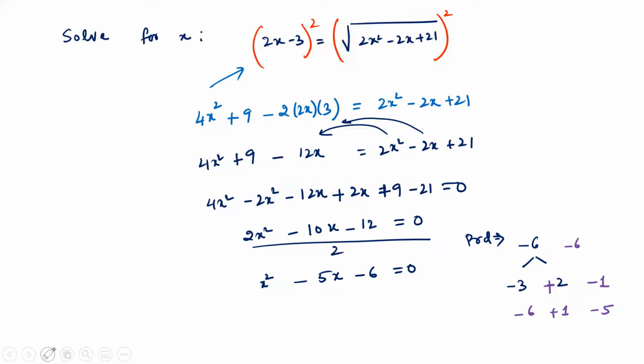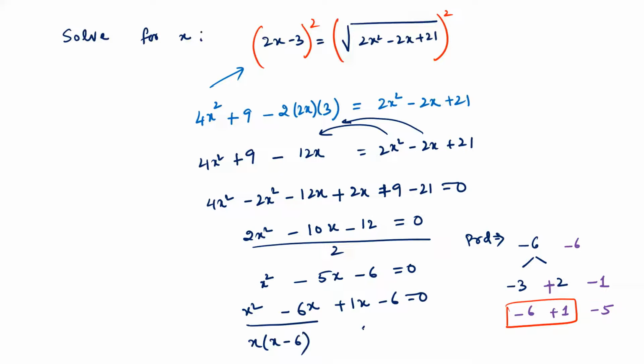It should satisfy both. Now split the middle term. I'm splitting minus 5x as minus 6x plus 1x. Take the common factors out. So you are getting x minus 6.